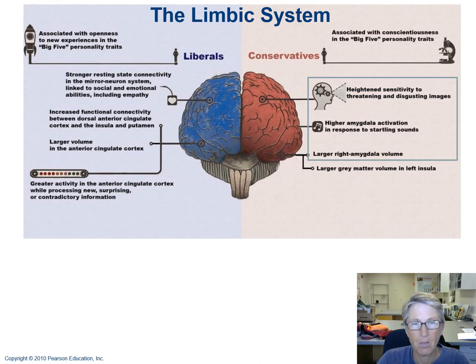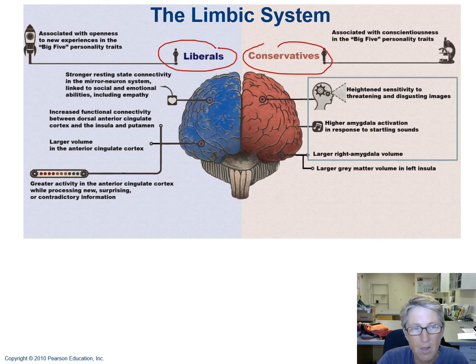And this is kind of funny, the limbic system between liberals and conservatives. Liberals are associated with openness to new experiences. Conservatives are associated with conscientiousness.